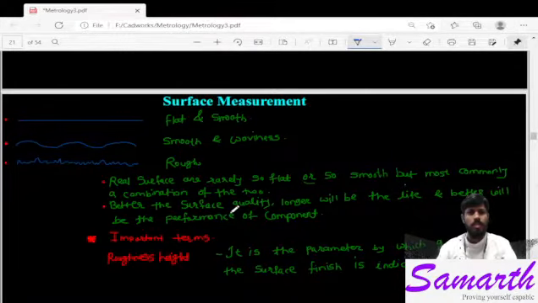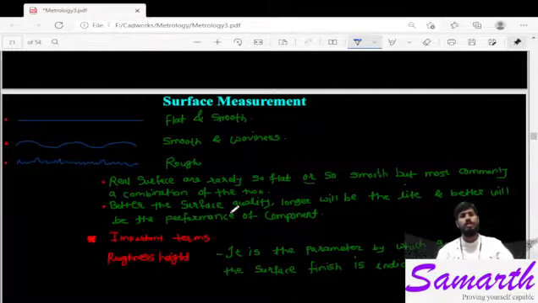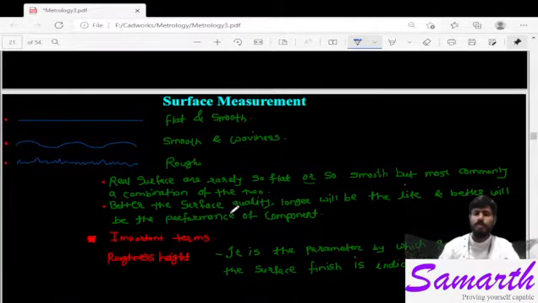Because if there is a notch or roughness, then notch propagation or crack propagation will occur at the notch. So there will be lesser fatigue life. I have already discussed these things in detail in previous lectures of machine design. You can watch those videos in the playlist given below.